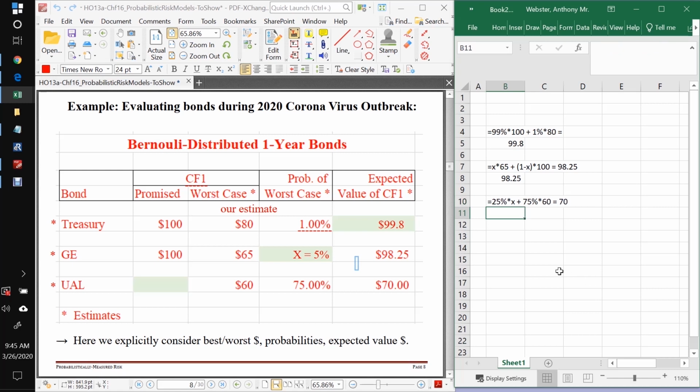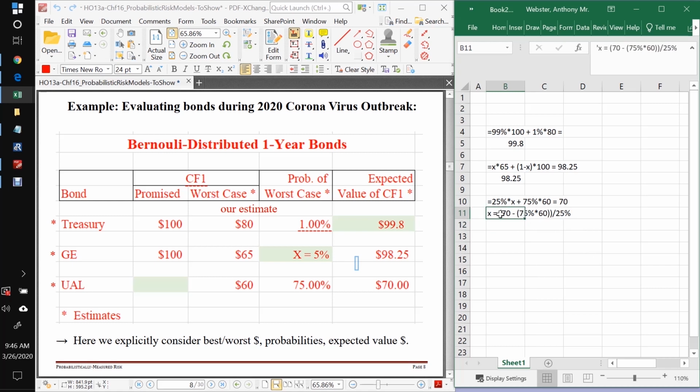All right, so in this case, we just solve for x. So we can say x is equal to 70 minus 75% times 60, and that whole thing needs to be divided by 25%.